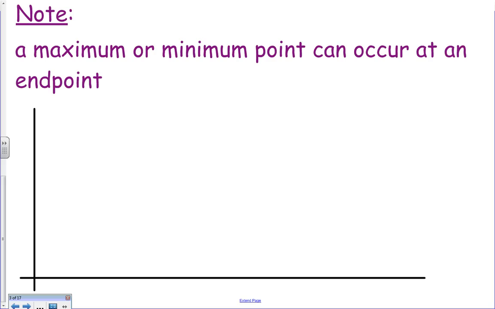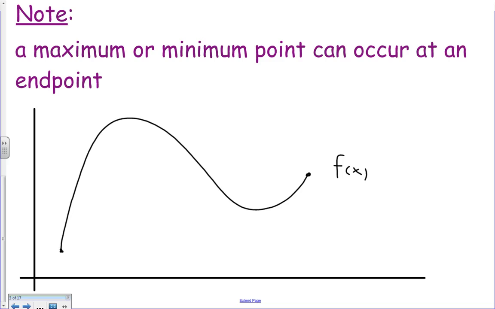We'll just do something simple like this. And so let's say that we have this graph of some function f(x). You can see that we've actually got several local maximums. We have a local maximum right here and at the endpoint.